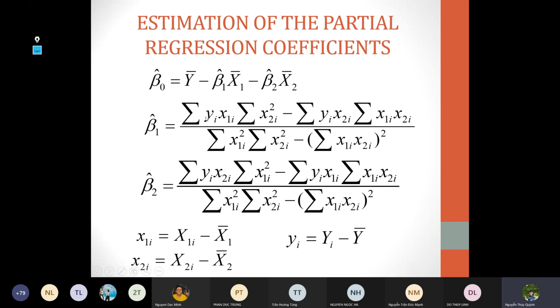Now imagine that you have a set of data, a set of n observations. Can you calculate the values of beta 0 hat, beta 1 hat, and beta 2 hat? Can you calculate them?